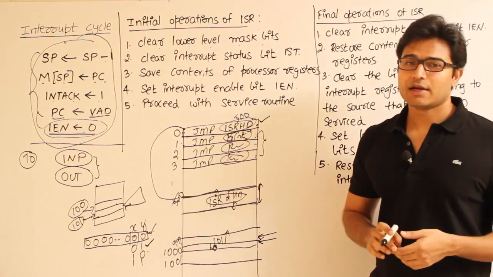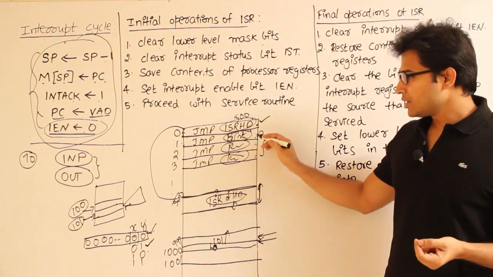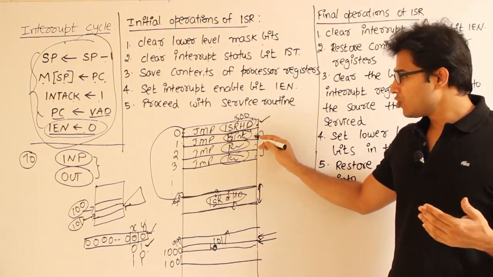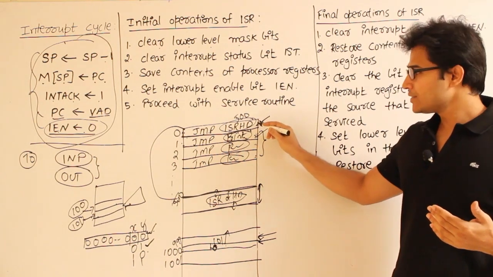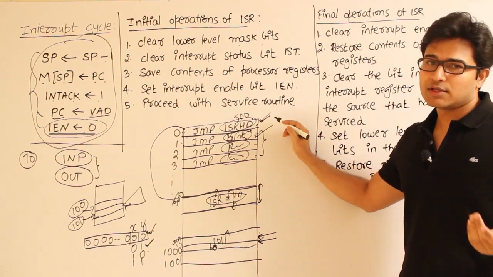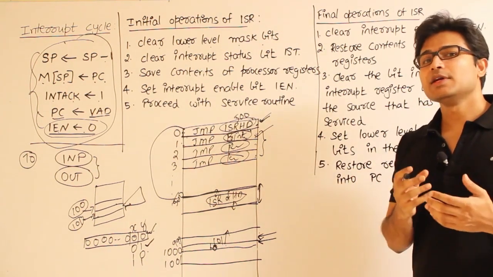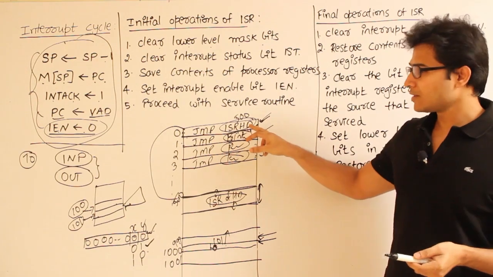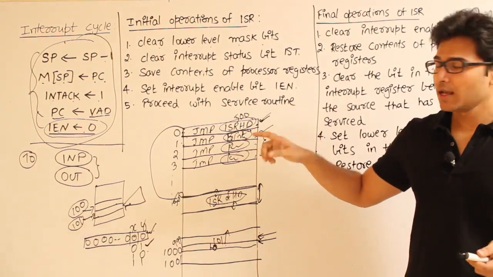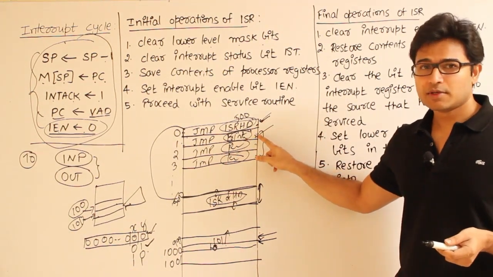The logic behind it is, when you are providing service to a low speed device, and suddenly a high speed device comes and asks for service, you can go to the high speed device, and since its speed is very high, you can provide the service very fast and get back to the low speed device.